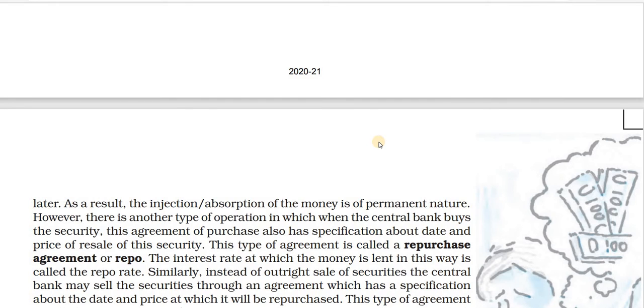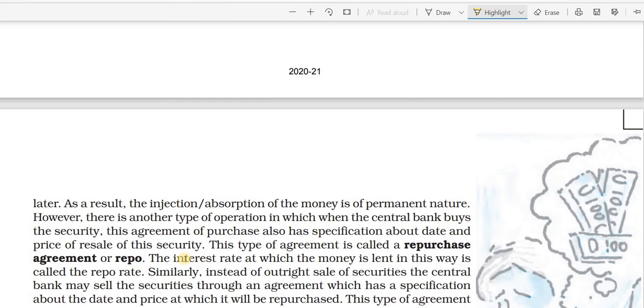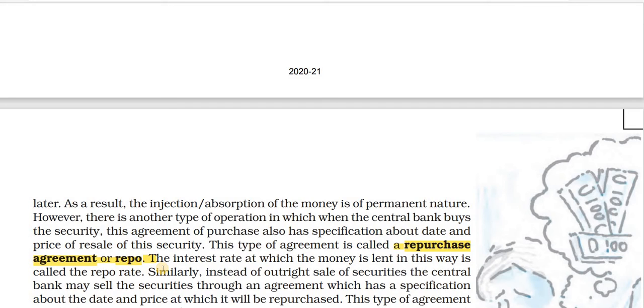Then another thing is repurchase agreement, or repo rate. What is repo rate? Repo rate is the interest rate charged by RBI on commercial bank borrowings from the RBI for a very short period.